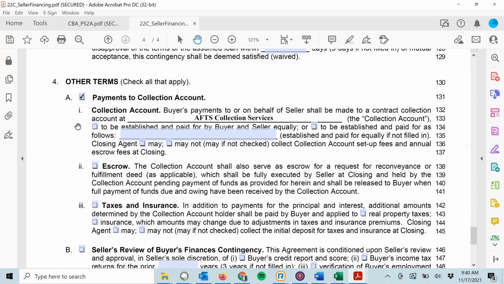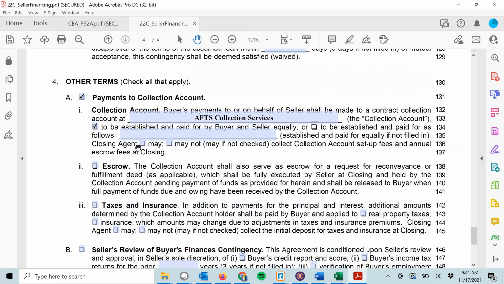Does the "to be established and paid for by buyer and seller equally" continue throughout the contract or just that setup fee? No, it's throughout the contract. But you could also say, no, we want the seller to pay it. You know, seller could say, I'm going to pay 75%, the buyer's going to pay 25 or whatever. Okay. But most commonly, what's most reasonable is that it's just split.